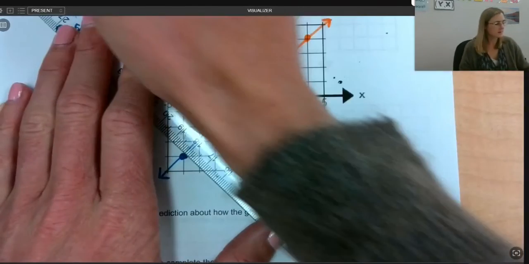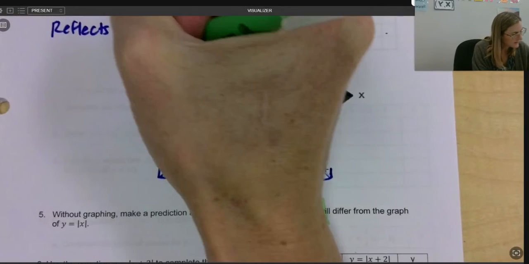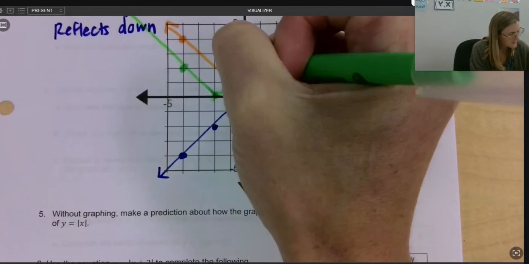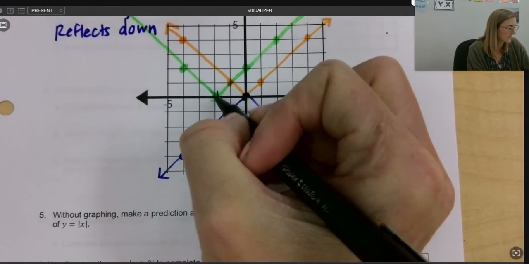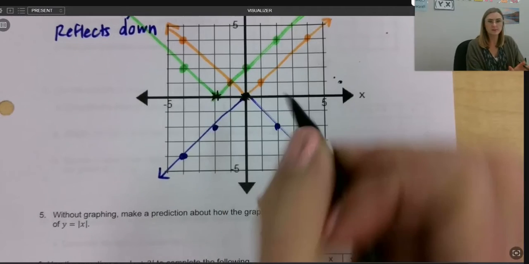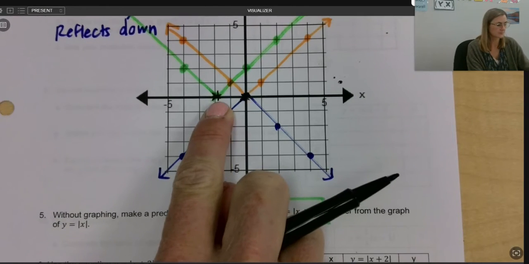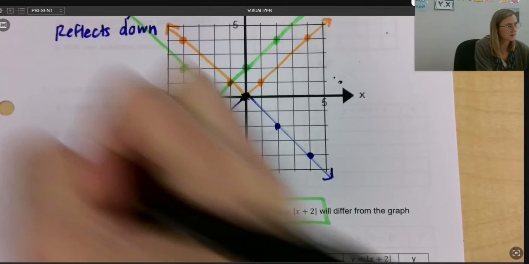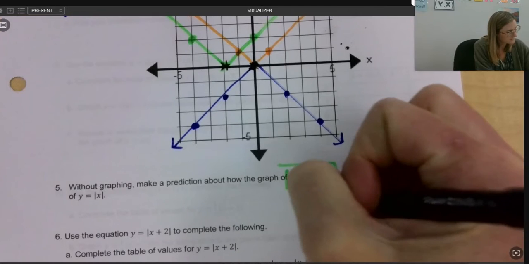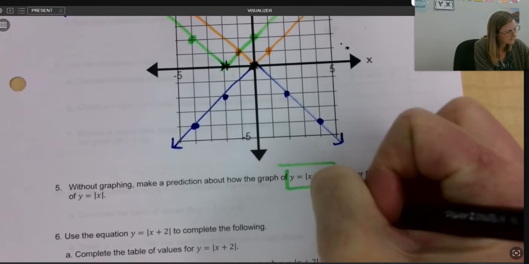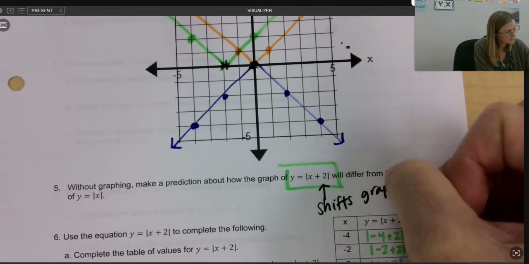We can see it looks very, very similar to our original y equals the absolute value of x. The only thing that's different is my vertex, or where this point comes to the V, is shifted to the left by 2. So this number right here, we're going to say shifts the graph left by 2 units.